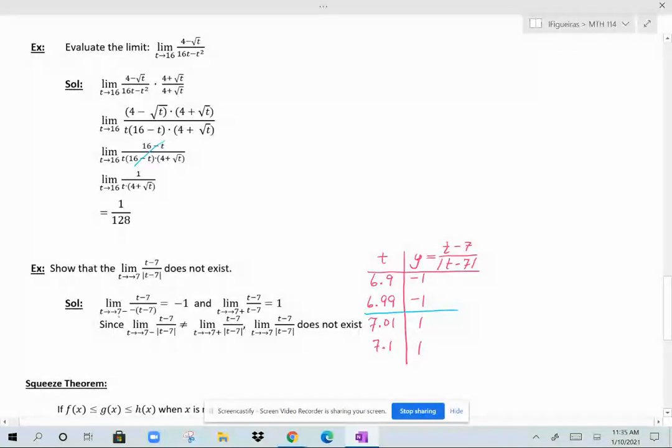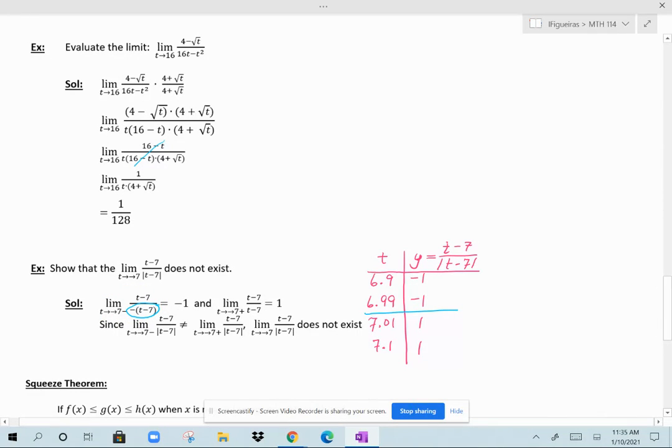So when I approach 7 from the left, that means that the answer inside of here is negative, and the absolute value changes it to positive. That's the same result as putting a minus sign in front of t minus 7.